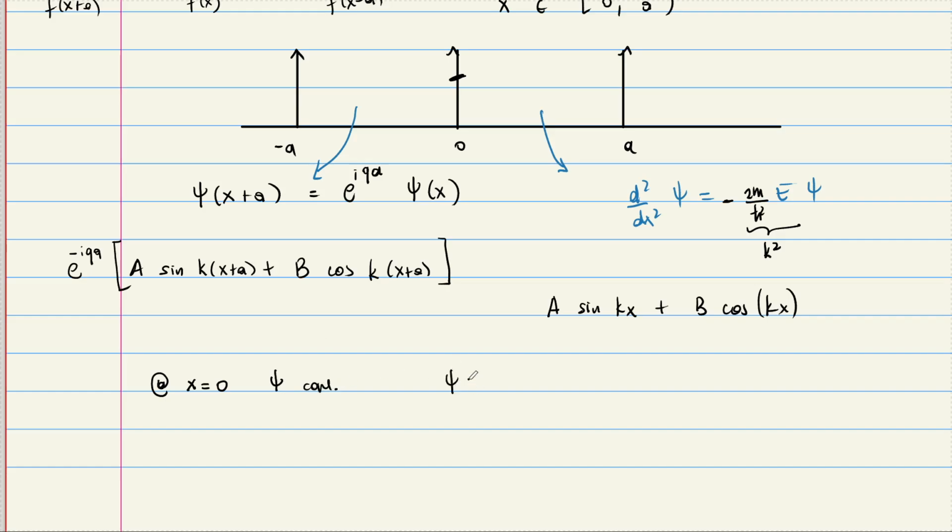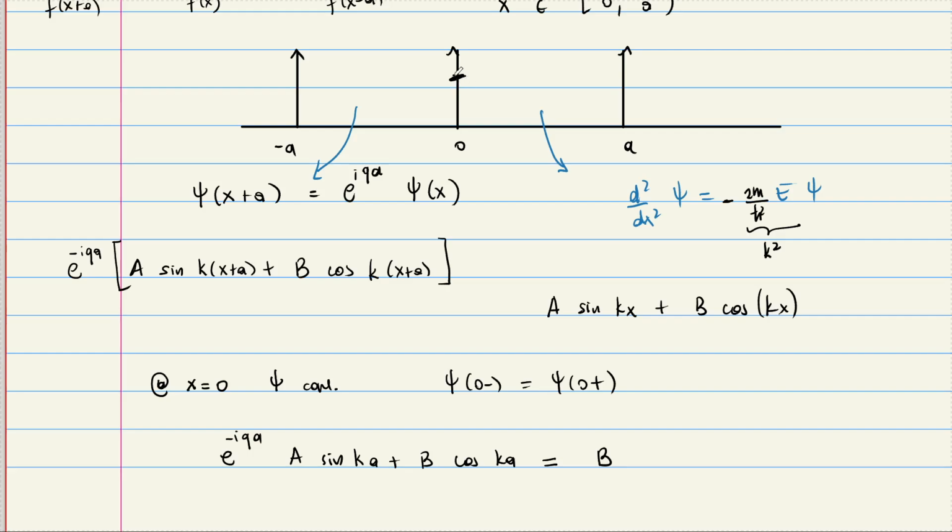Then psi of 0 minus is equal to psi of 0 plus, and this is going to give us e to the minus i qa times a sine ka plus b cosine ka should be equal to, now I'll do the same thing here. If I put x equal to 0, this will cancel, and I'll have just b. So this is the first boundary condition.